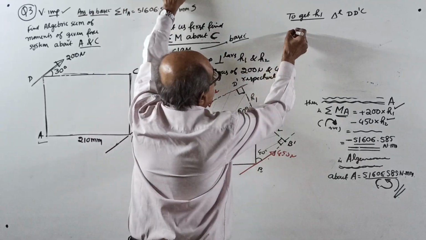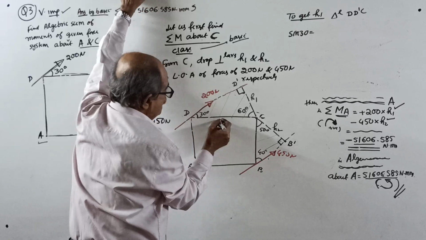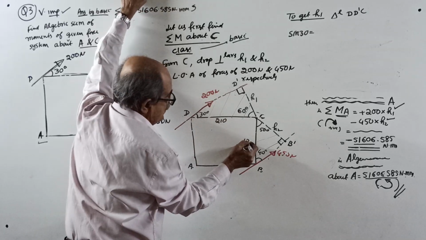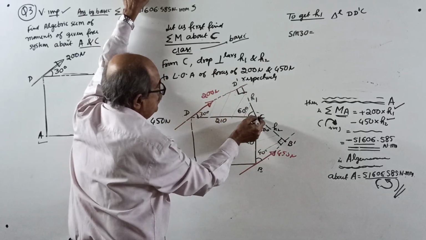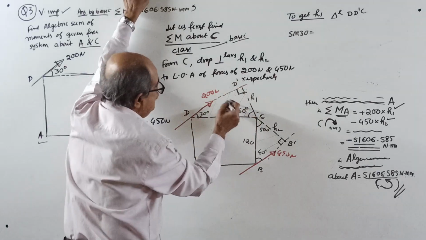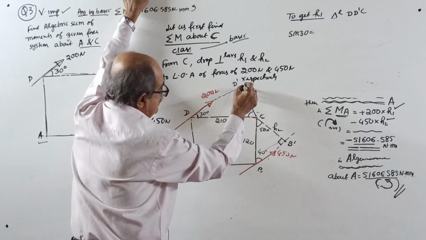Sin 30 equal to sin, this is how much? This is 210, this is 120. Sin 30, this is 90 degrees. Sin 30 equal to H1 by how much? This is 90, this is hypotenuse. Sin 30 equal to H1 by 210.